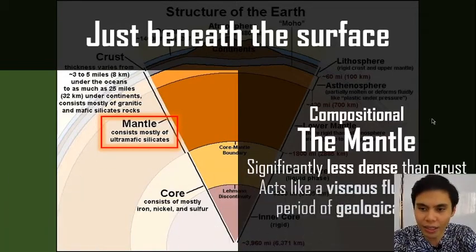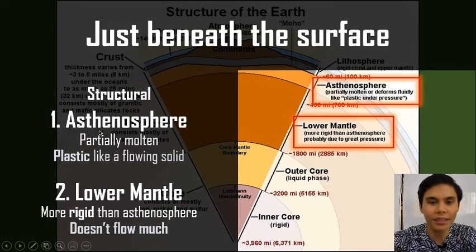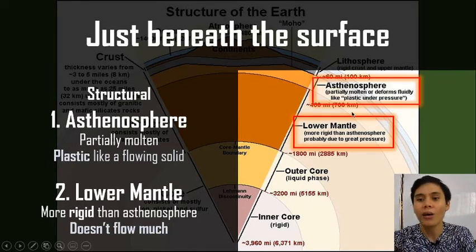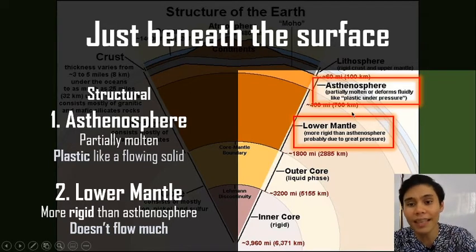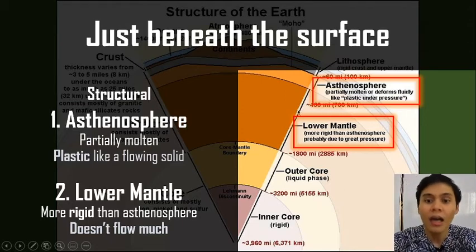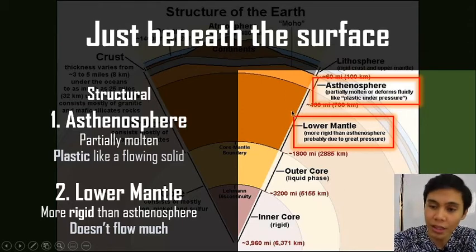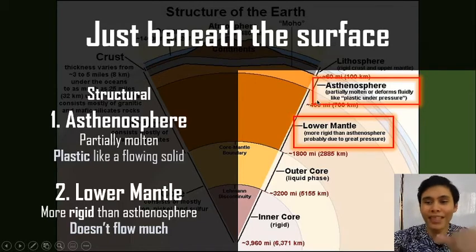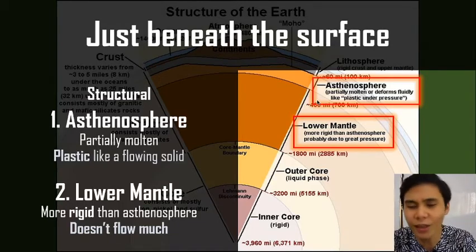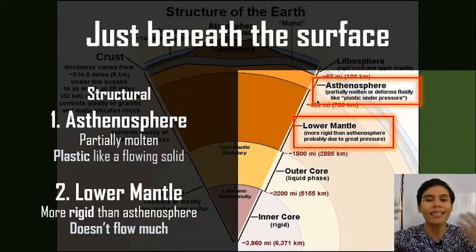So next we have, on the structural side of things, the asthenosphere and the lower mantle. So again, the same layer, the mantle, can be described as the asthenosphere and the lower mantle. The asthenosphere is partially molten and it's plastic. When we say plastic, it means it's solid, but over a long geological time scale, it still flows as if it was liquid.